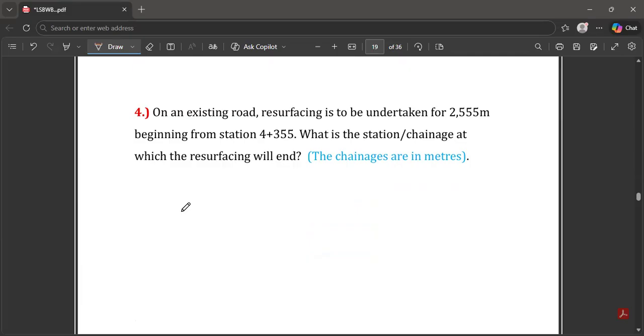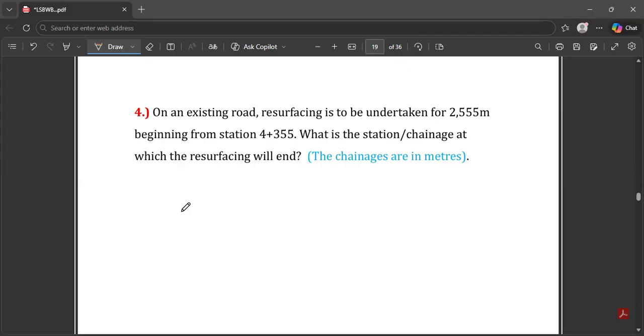On a site, on an existing road, resurfacing is to be undertaken for 2,555 meters, beginning from station 4 kilometers, 355 meters. What is the station or Chainage at which the resurfaced road ends?